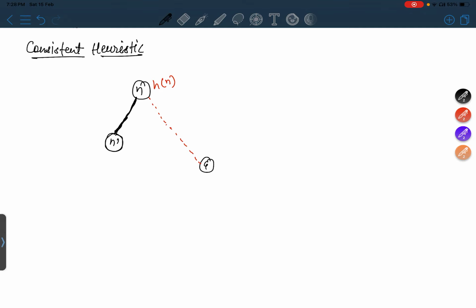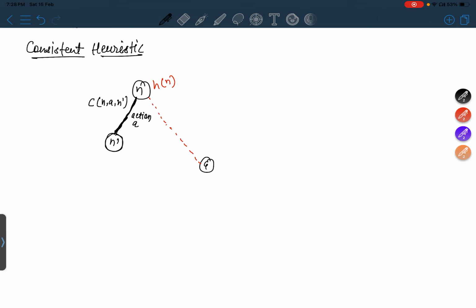that cost I am defining it as a c. तो let's suppose कि this was action a जिसके थ्रू ये n से n प्राइम गए हैं, तो इसकी कॉस्ट को मैं डिफाइन कर रहा हूँ c of n, a, n prime, n से a के थ्रू n prime तक जाने की कॉस्ट, right?